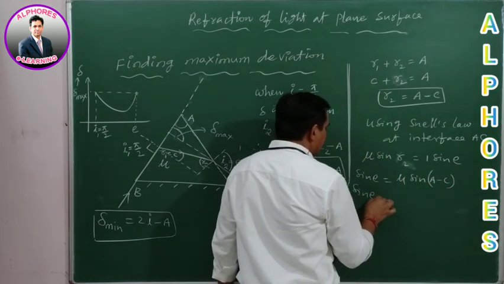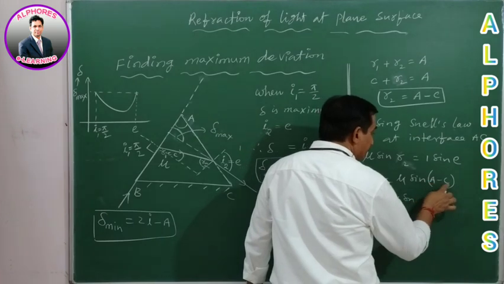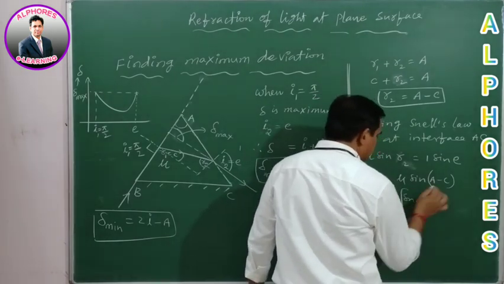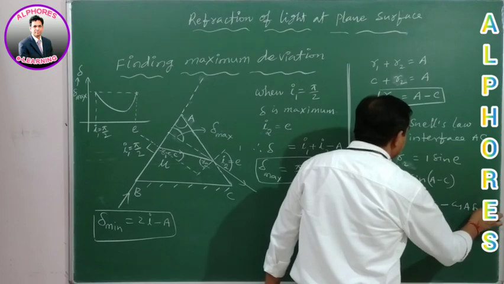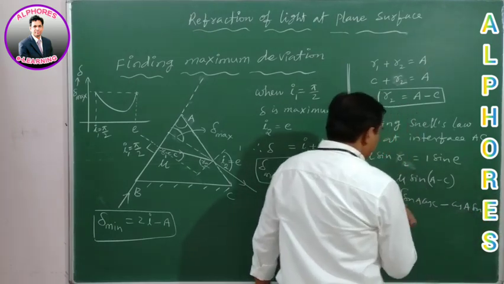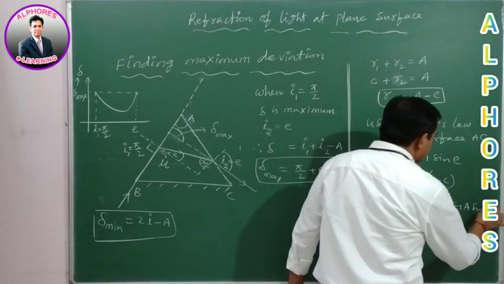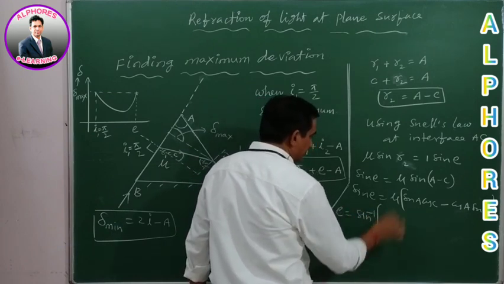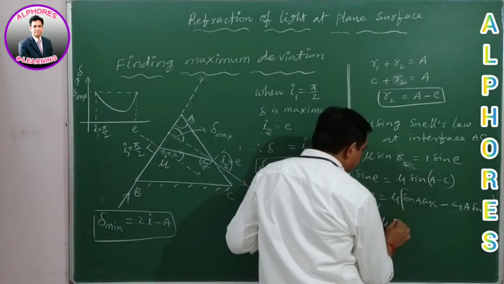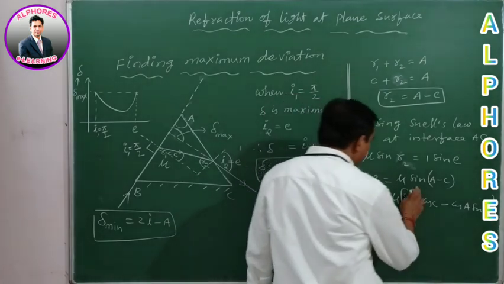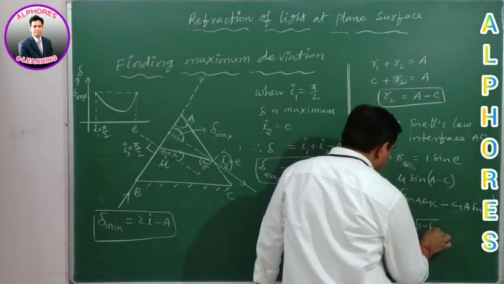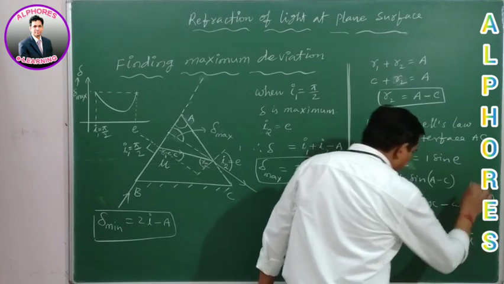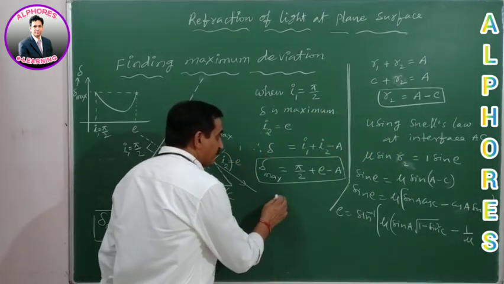Simplify this: it is equal to mu times sine A cos C minus cos A sine C, using the formula sine of A minus B equals sine A cos B minus cos A sine B. So e is equal to sine inverse of mu times sine A cos C, where cos C is root of 1 minus sine square C, minus cos A sine C. We can substitute sine C is equal to 1 by mu, which is from the critical angle.